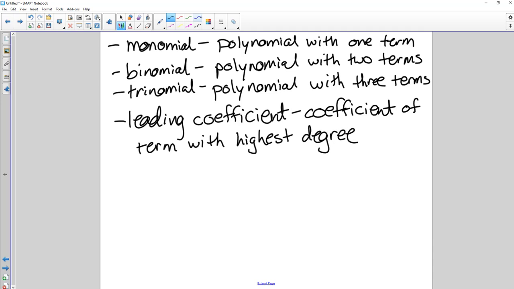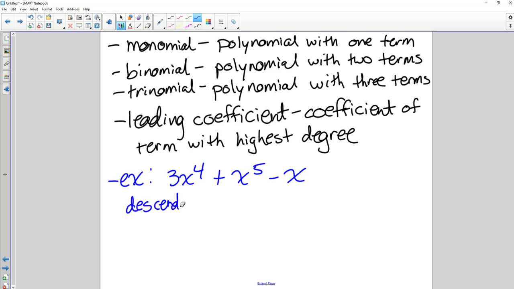Okay, so let's do a couple examples picking out all of these definitions. So first let's do 3x to the fourth plus x to the fifth minus x. So first off, this is not in descending order. So let's put this first in descending order. We would look at each term.